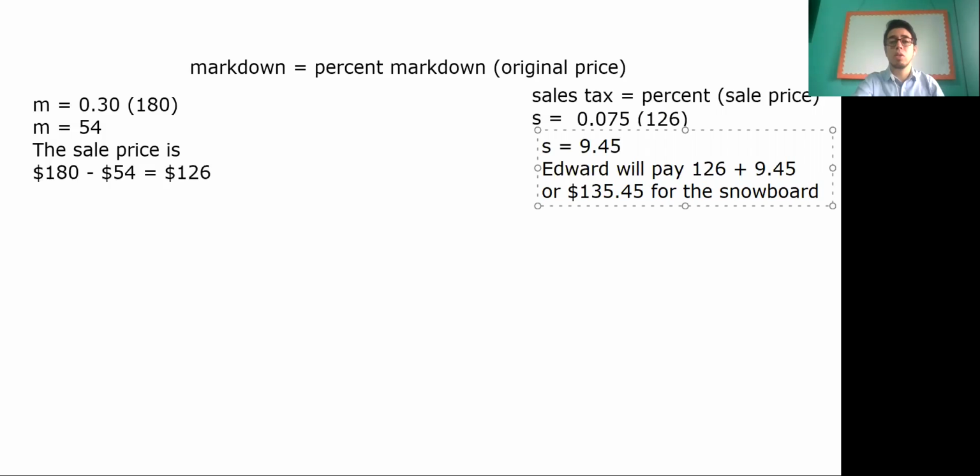Okay, so this is what we need to find in here. We have the sale price and now we have the tax. So when we add the tax to the sale price, we have the price he is going to pay, the amount of money he is going to pay for the snowboard.